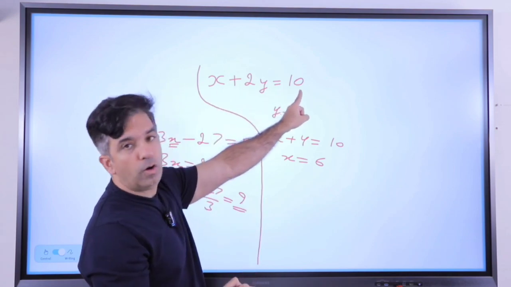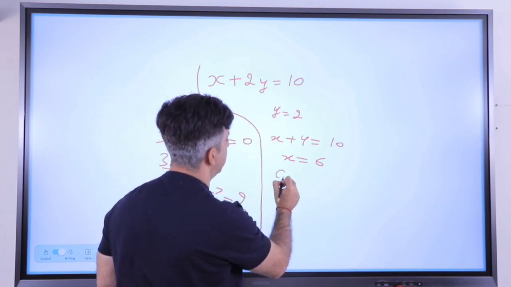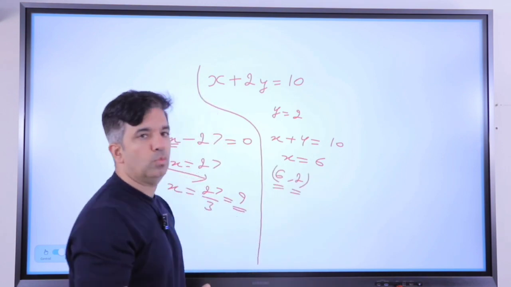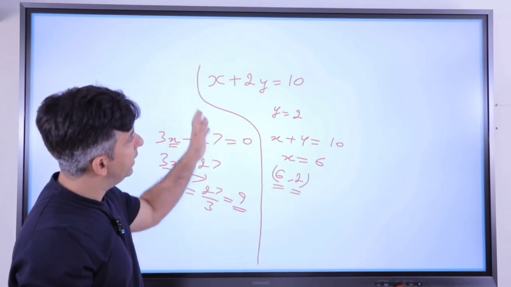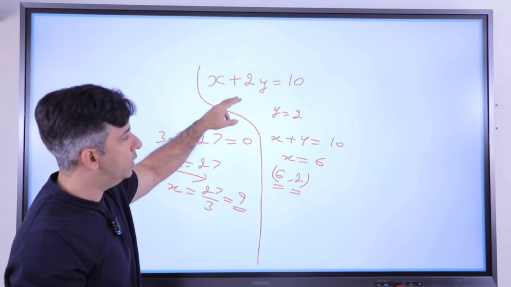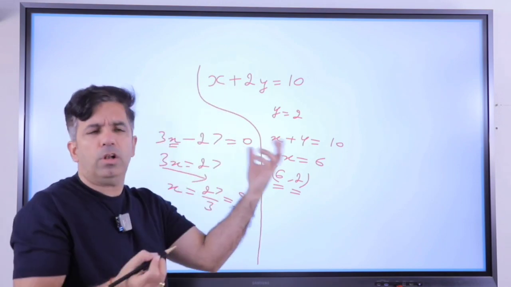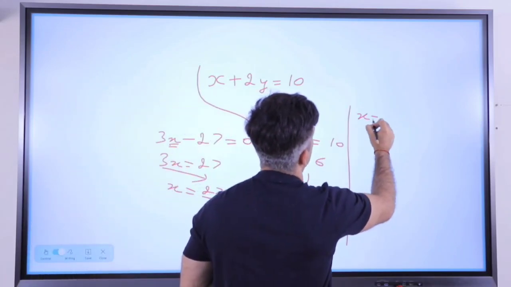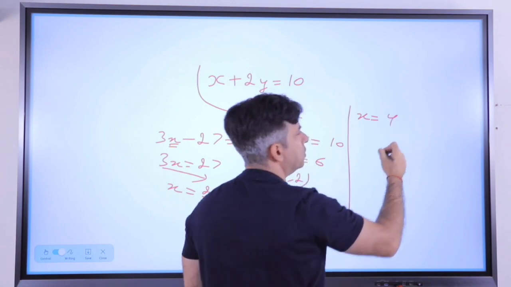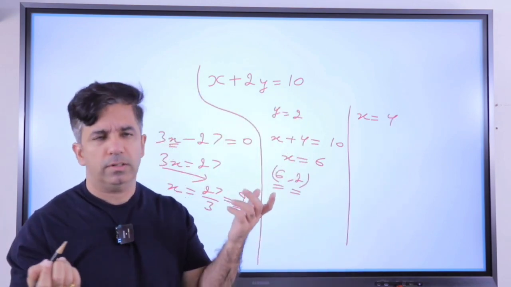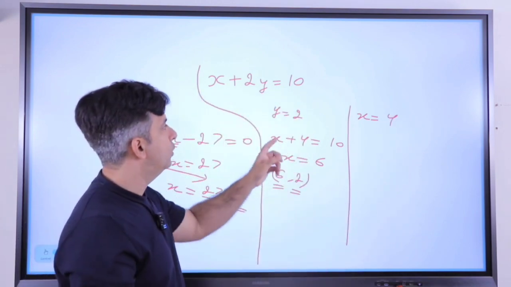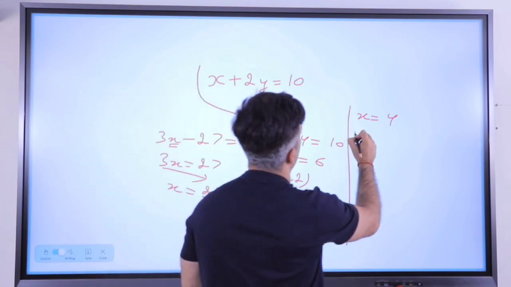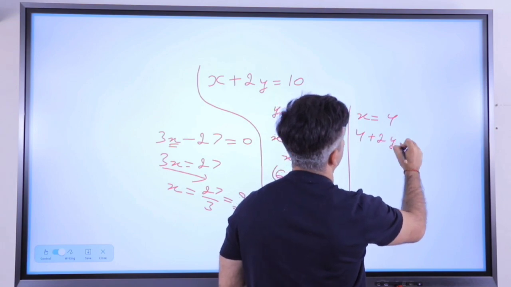So one solution of this equation is 6, 2: x is 6 and y is 2. Now if I take x as 4, just random, then 4 plus 2y becomes 10.